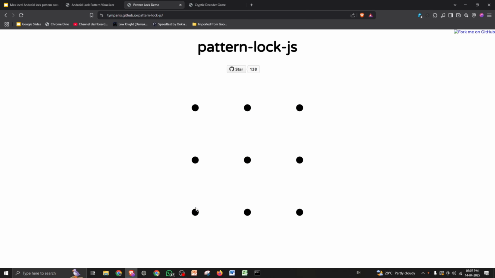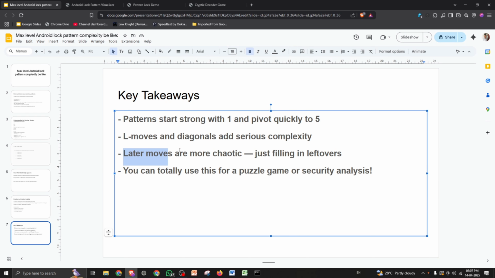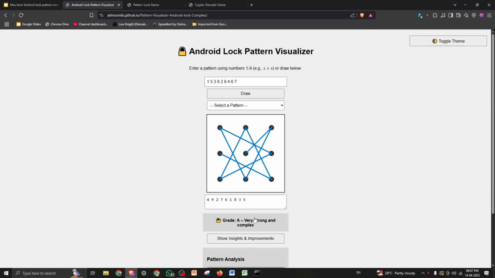Later moves are more chaotic, just filling the leftovers, and you can totally use this for a puzzle game or security analysis, which is great. And that's what I basically did here. Not me, ChatGPT, of course.